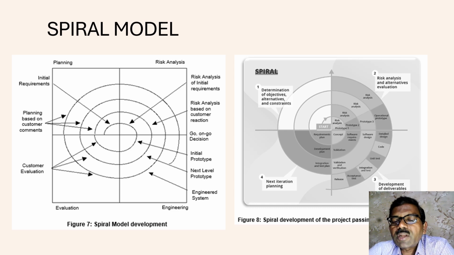Initial prototyping is also there, then the next level of prototyping. As the system expands, prototyping plays a vital role in giving feedback and further improvisation. So customer evaluation is a part of it. The engineering quadrant is mainly involved with development and design, right? So this is how it goes. This spiral nature is phase-wise.